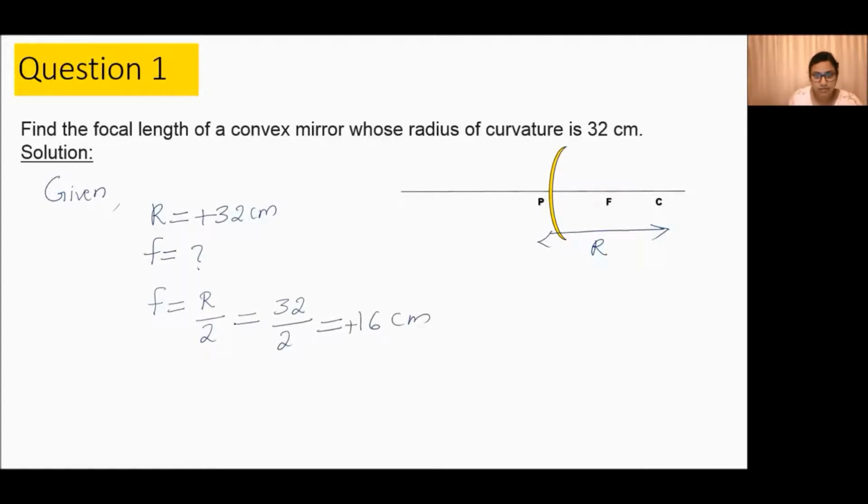This is also positive. So F is equal to plus 16 centimeter is the answer. Where can you get the focal length? It's the distance between the principal focus and the pole that gives you the focal length.